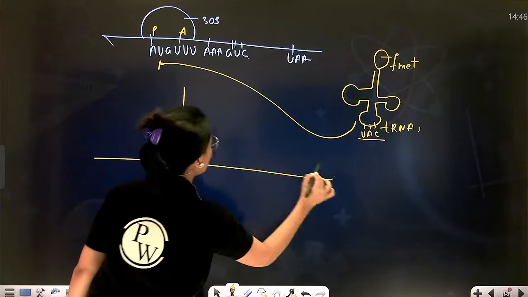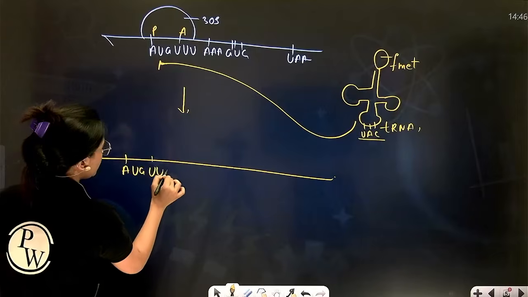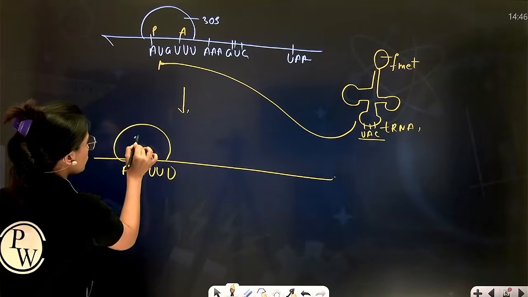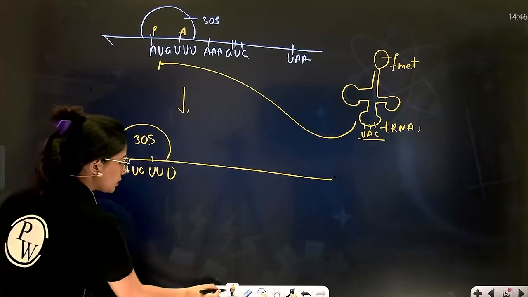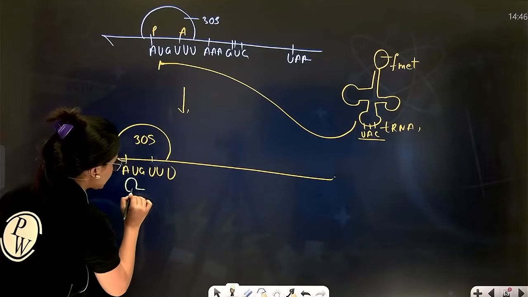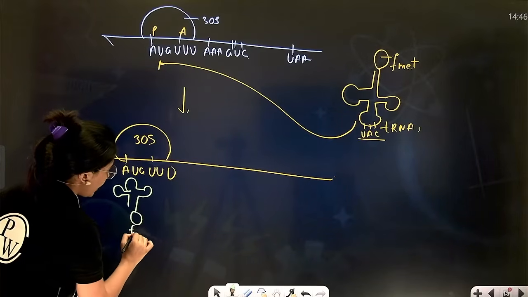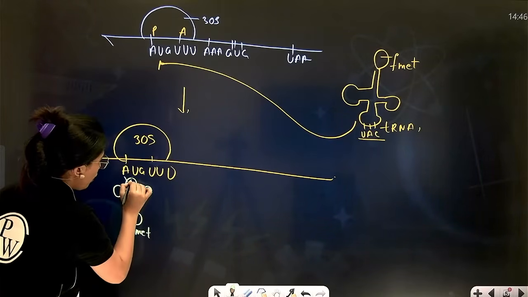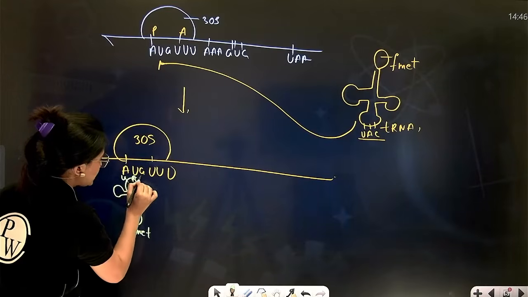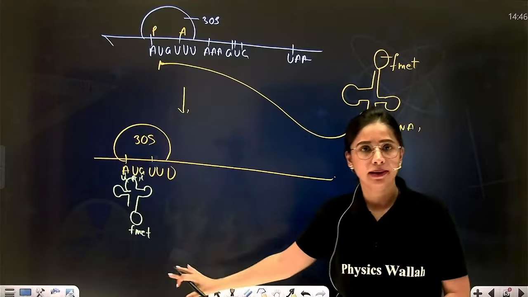The next step of initiation will be AUG UUU. Over here the 30S ribosome was there. Now soon after, a new tRNA, this tRNA1, comes and gets attached over here, carrying F-met with the help of the anticodon UAC, and a bond is established. So this is the first step. Clear?